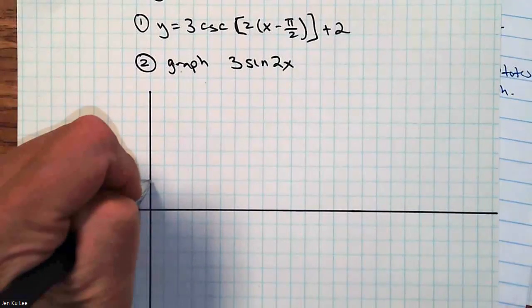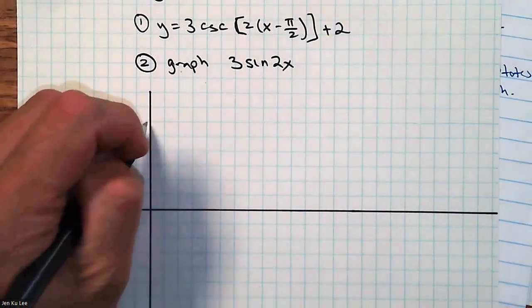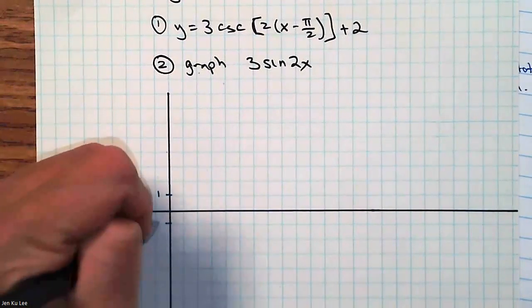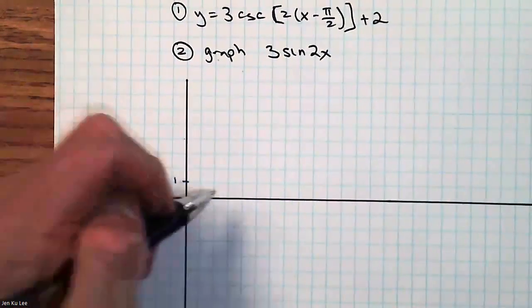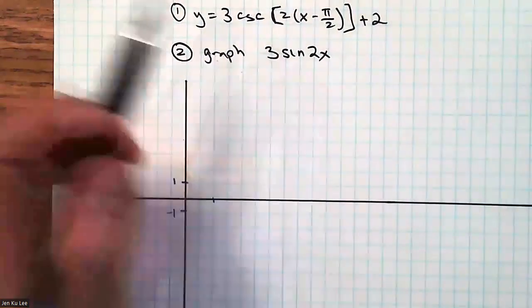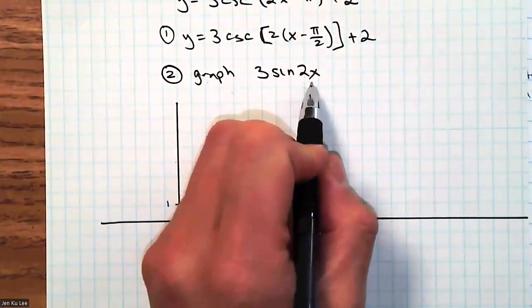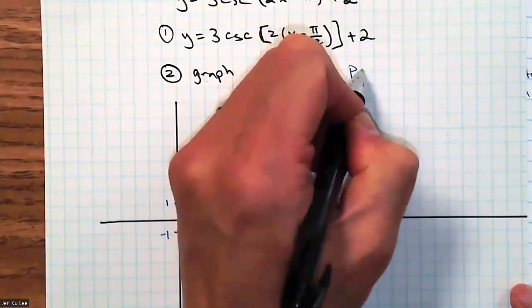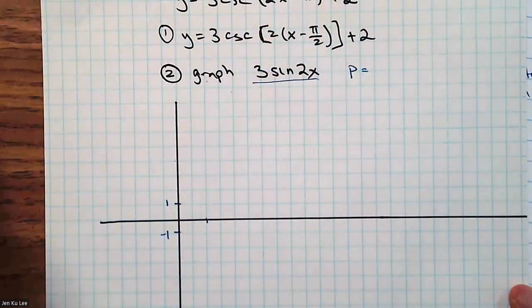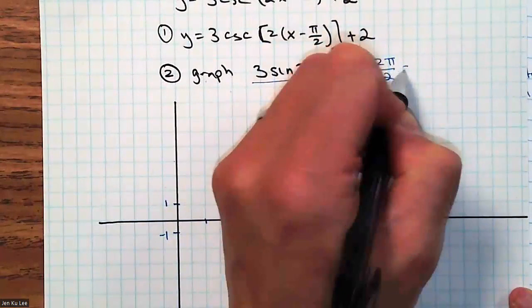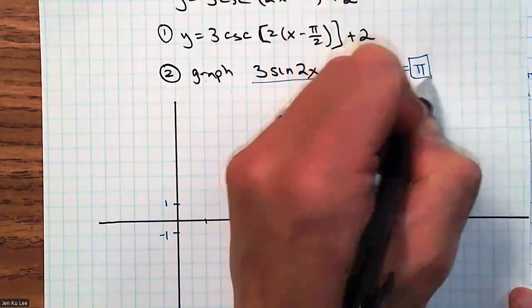So I'm going to label 1, 2, 3. Let's go every one is just 1. So class, if I want to graph 3 sine of 2x, what's my period going to be equal to? 2 pi over 2, so it's just pi, right?